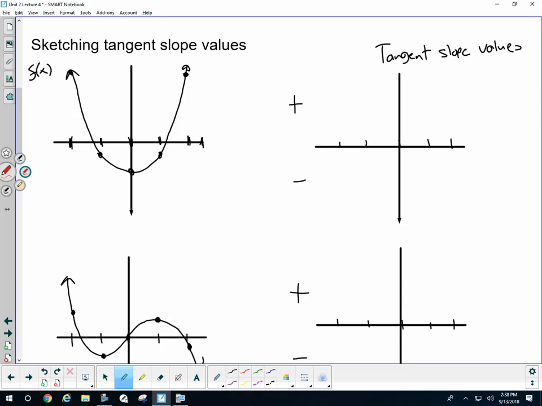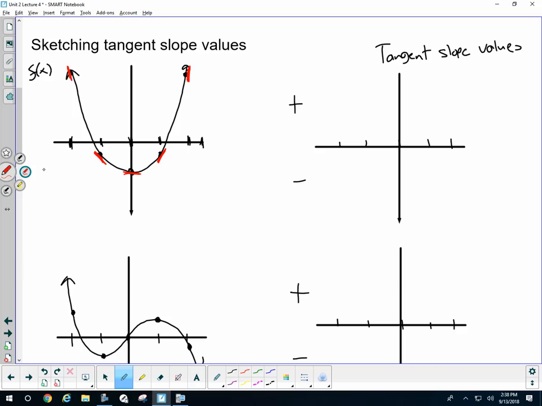And I would like you guys to do this because I'm doing it as well. Sketch little tangent lines at these points. Okay, go ahead and sketch those on that function. Right, did you get that?